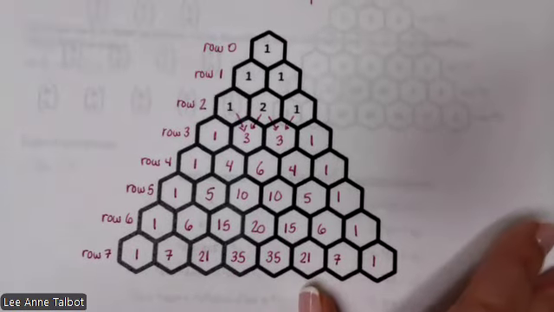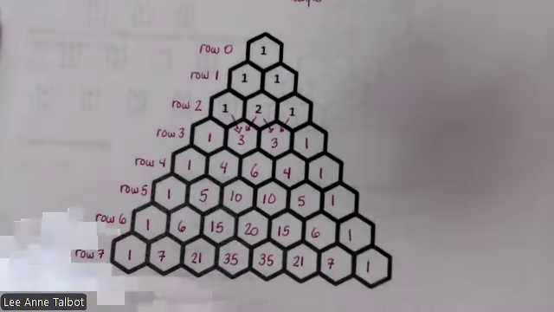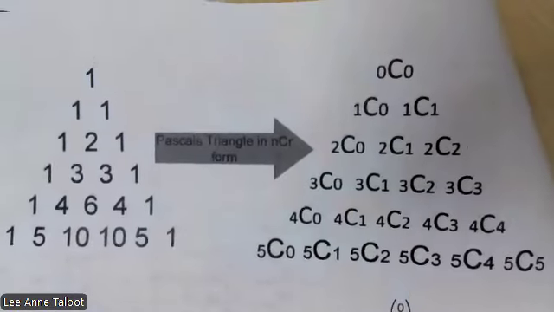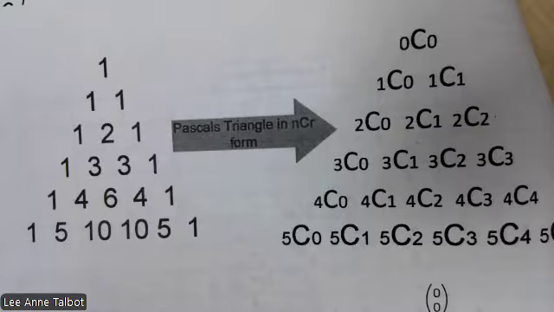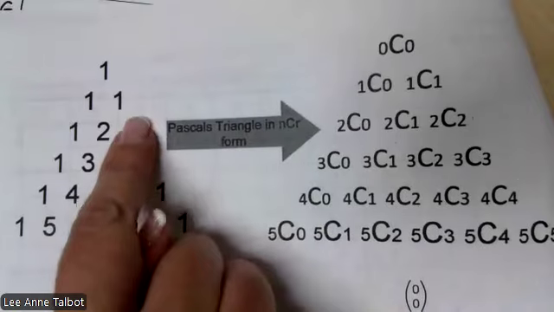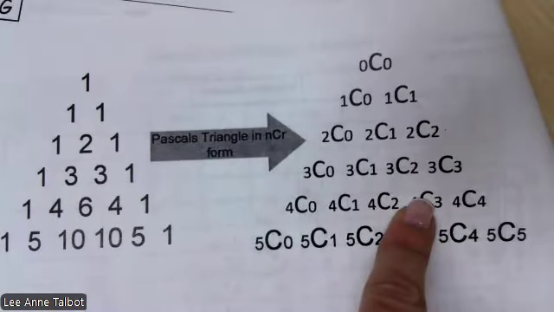Okay. So I want you to look at the back of the page. Miss Rice and I gave you a page of what you might see if you Google Pascal's triangle. These are all representations of Pascal's triangle. These are all saying the same thing.